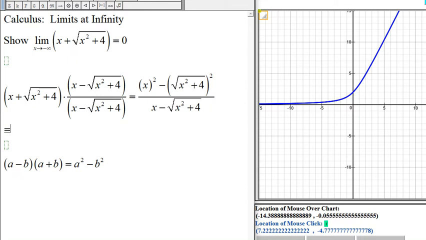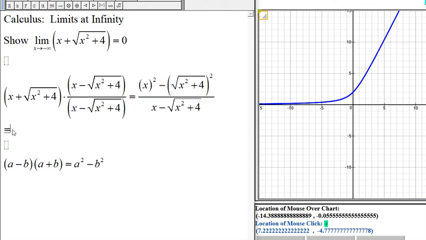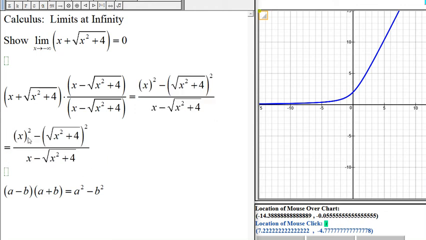And so this right here becomes this. So this is just going to be x squared. And then the square root of x squared plus 4, and then square. Then we just get whatever is under the square root.